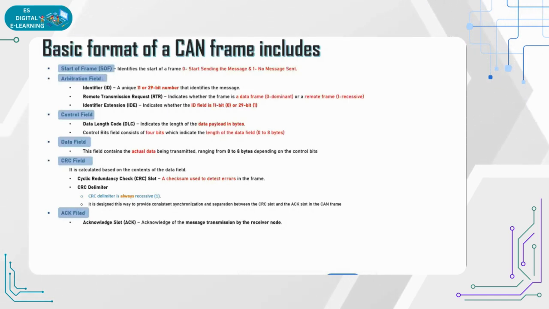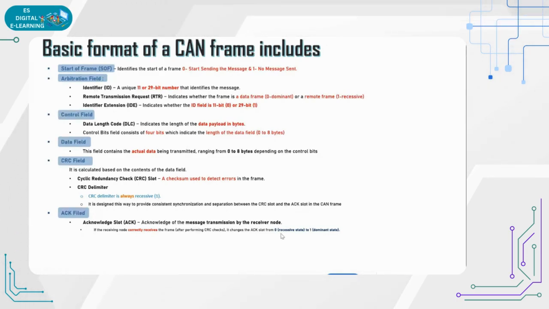The acknowledgement slot indicates the request you are making to send, and it changes from 0 to 1. 0 means dominant, and 1 means recessive. As I told you, the recessive state means it is in an idle state, and the dominant state means it carries the data which we are sending, as we discussed.